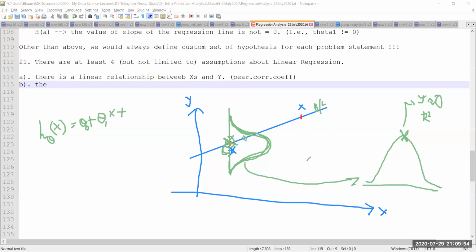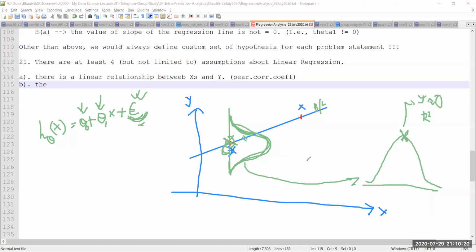Now I have to add another variable to make it even more practical, which is my error term. Error term is something that will come during sampling error, experiment error, setup error, environment error, I don't know. It can be introduced from anywhere. You can control theta 0 and theta 1. You can control these factors, but you can never control errors. And that is the reason why these terminologies are known as error terms.